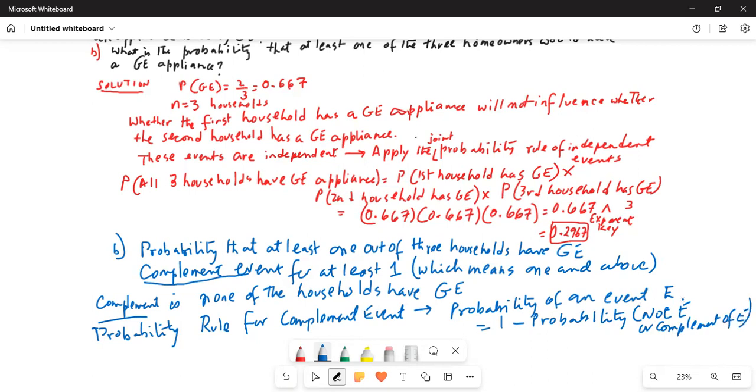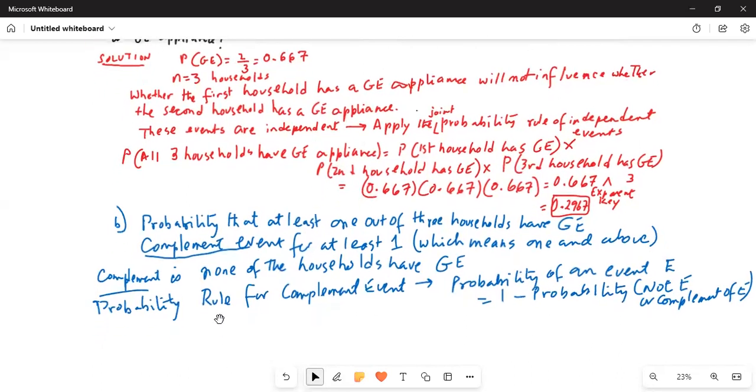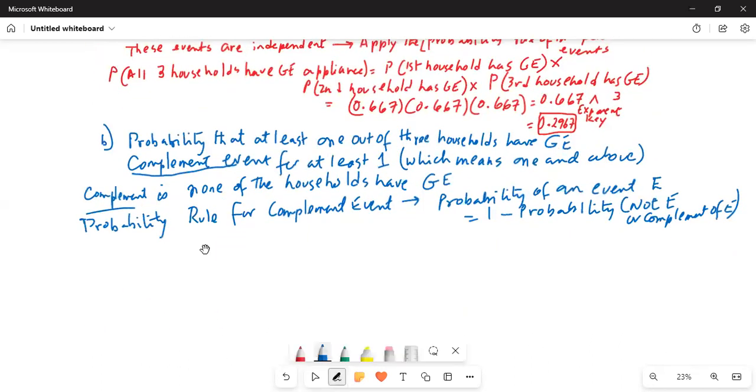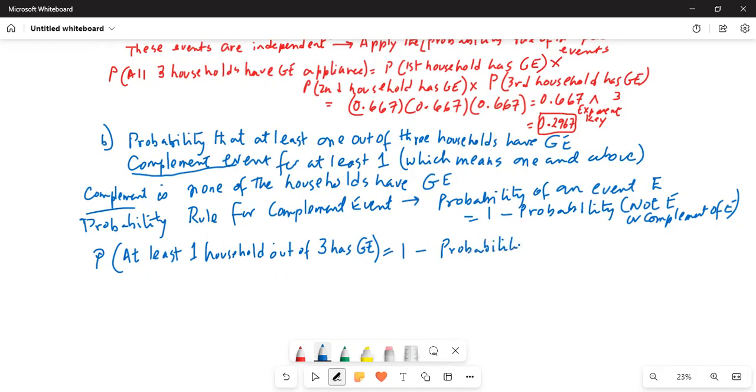So thinking along those lines, probability of at least one household out of 3 has GE is equal to 1 minus probability that none of the three have GE.